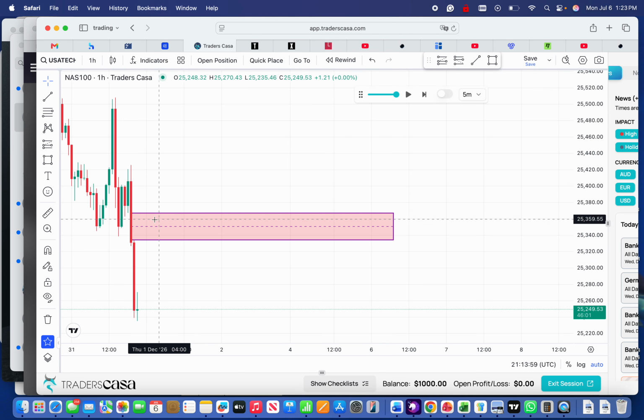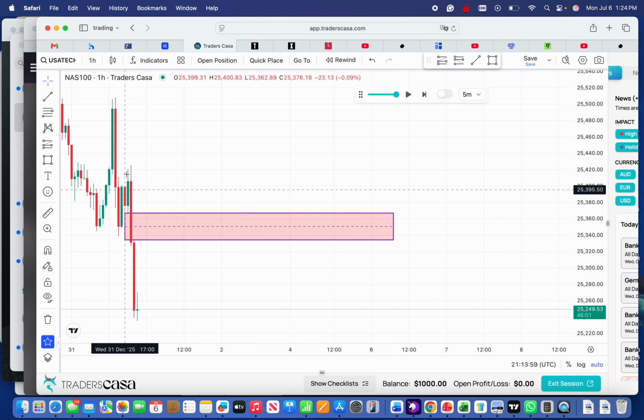This rectangle will make it a lot easier to see where the gap actually is. You can clearly see that it's from this candle to this candle, and this in between space where this green and this red are not overlapping is a fair value gap.